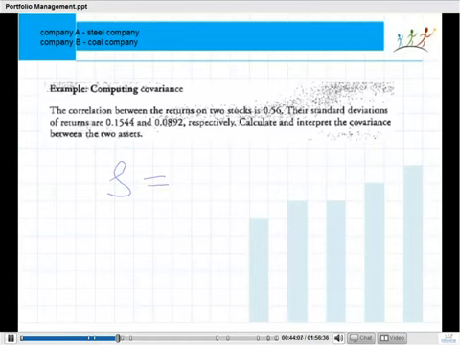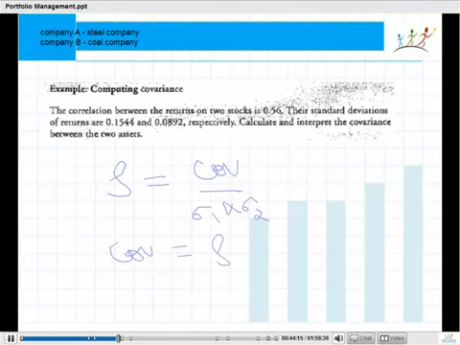Correlation is equal to covariance upon sigma 1 into sigma 2. So covariance will be given as correlation into sigma 1 into sigma 2. The correlation coefficient is 0.56.